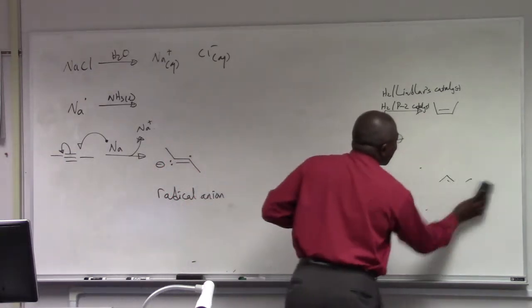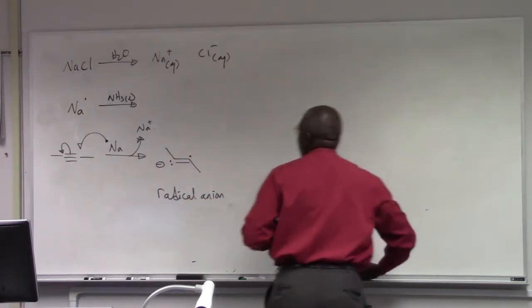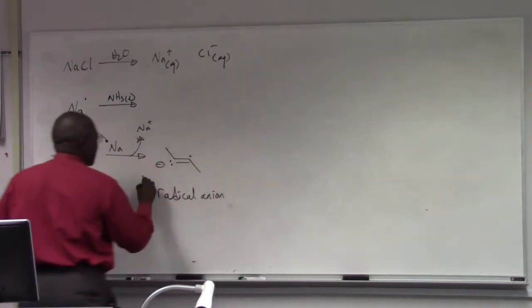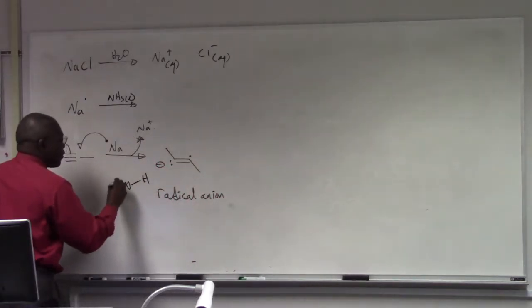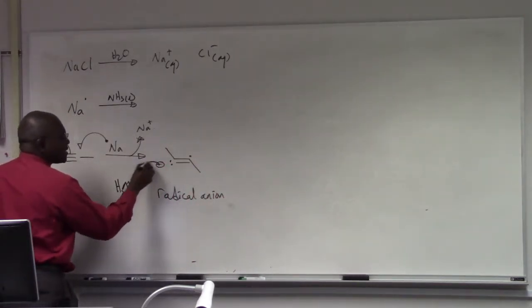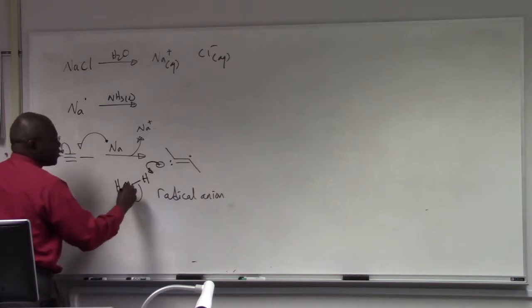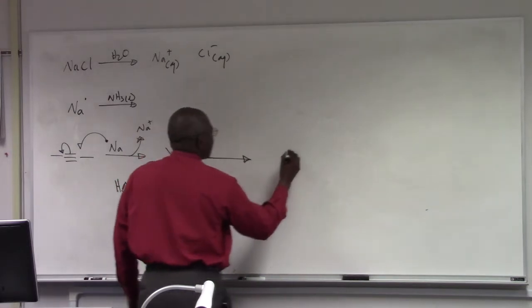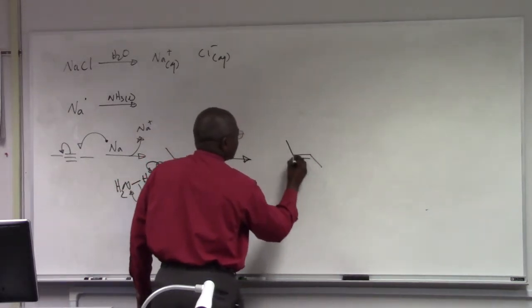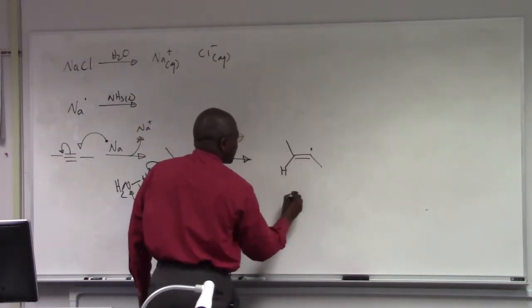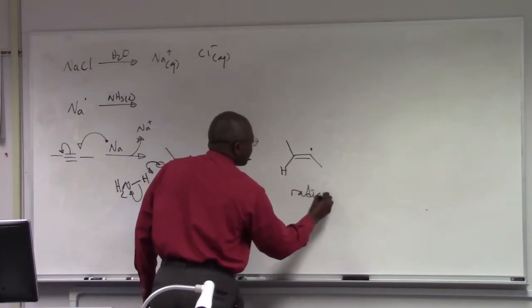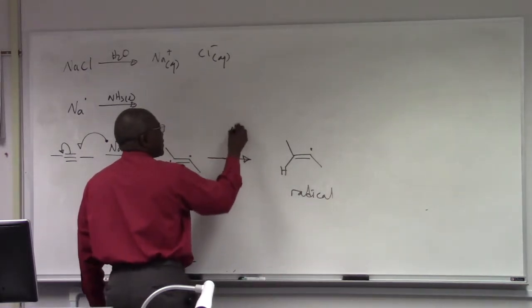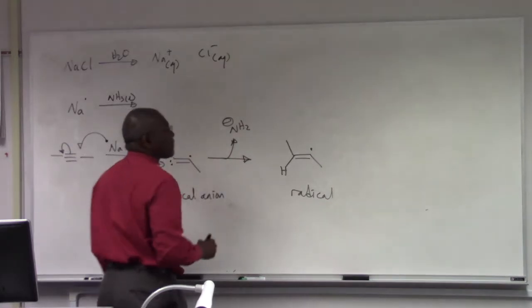If you make C- in a medium containing a protic solvent, the ammonia donates a proton to the radical anion, and we end up with this species, which is now just a radical. And there's a point I need to make here, but I'll come back in a second.